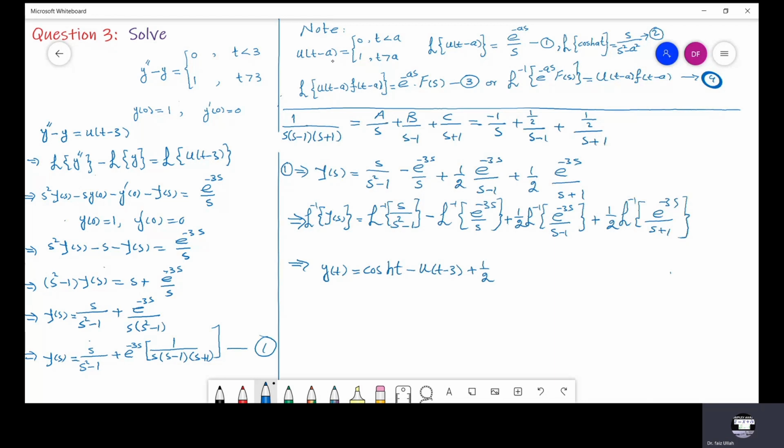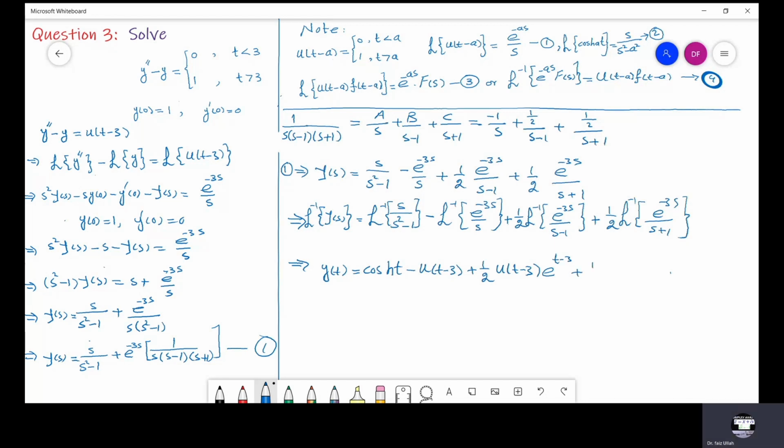So according to formula number 4, inverse Laplace transform of e power minus 3s over s minus 1. This is u of t minus 3 and 2. We know that 1 over s minus 1 is the inverse Laplace transform of e power t. But according to formula number 4, we will write e power t minus 3 because we have to write f of t minus a. A is 3 here.